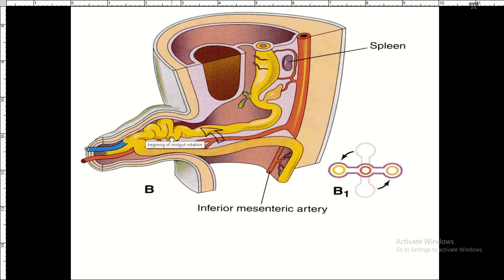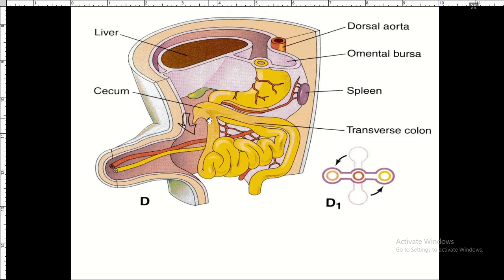So you can actually see the coiling of the cranial portion, and now you can see the retraction. The cranial portion moves to the left and forms your small intestines. The caudal limb moves to the right and will be below the right lobe of the liver.